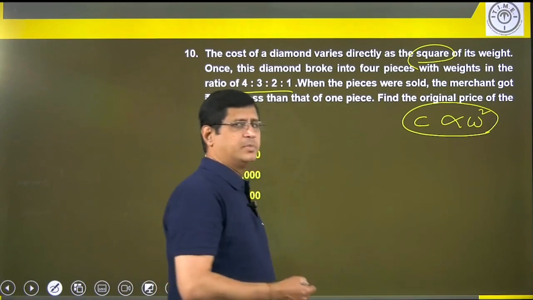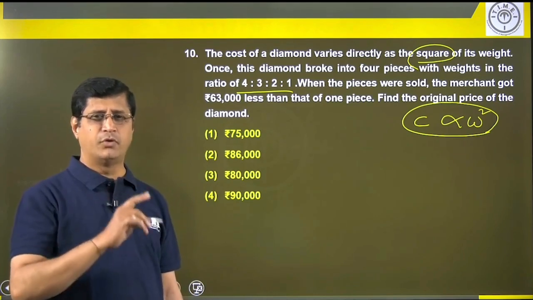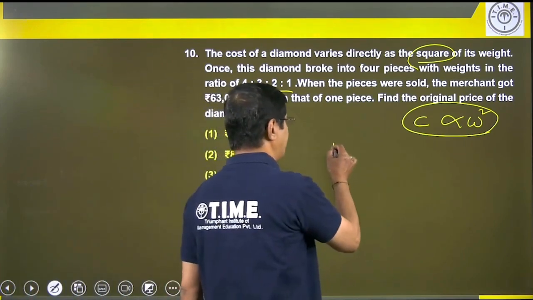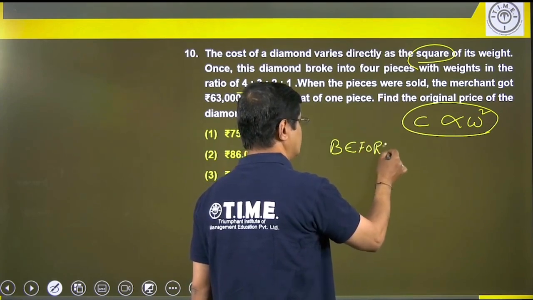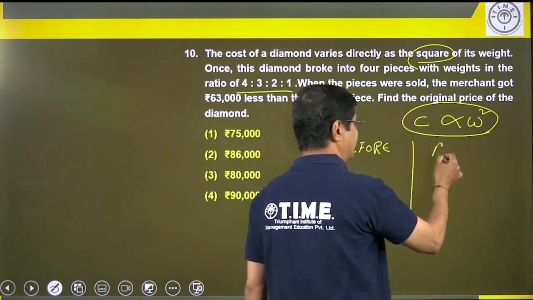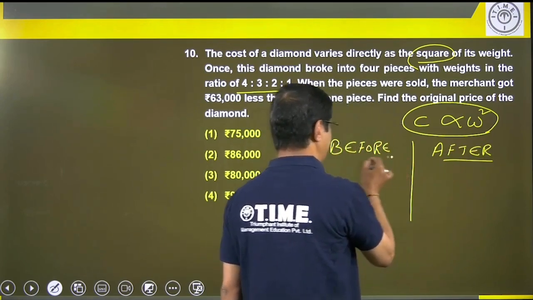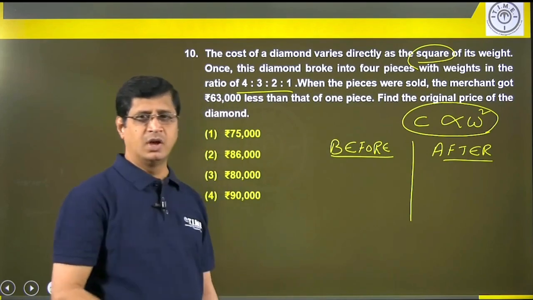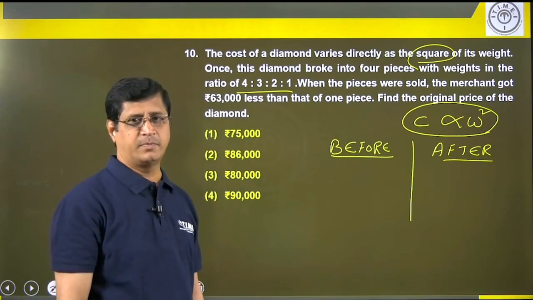Now here original means before breakage. So before breakage and after breakage, now what is the value? How the value and the weight are related? What is the variation? The cost is equal to square of its weight.